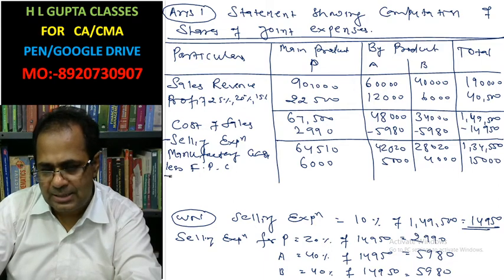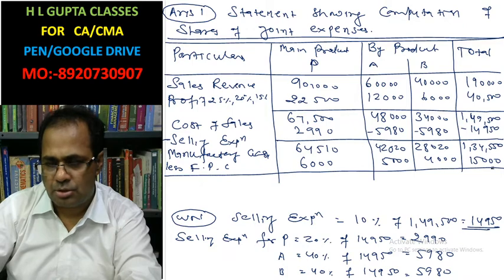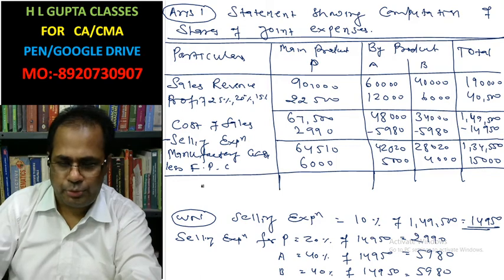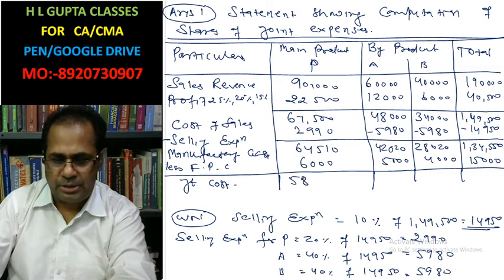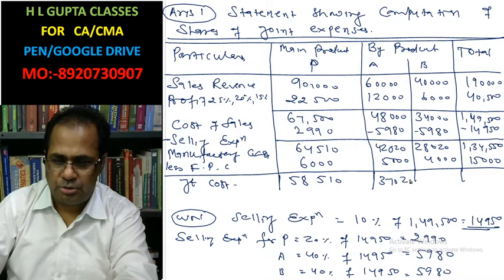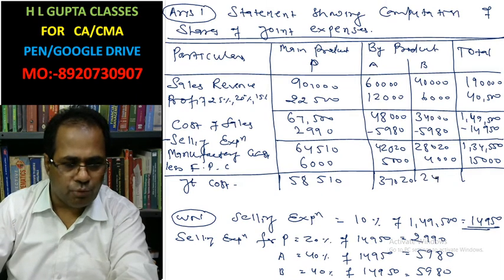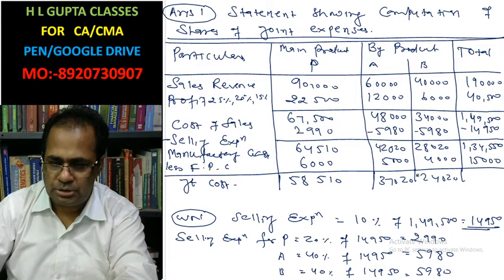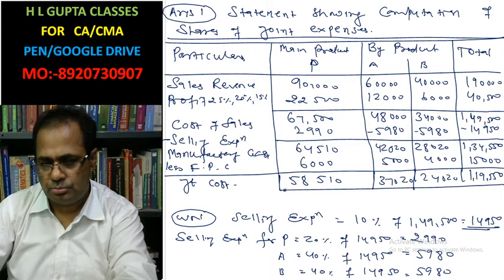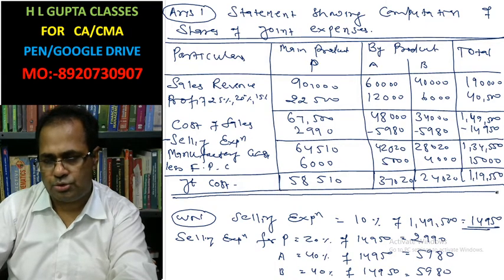The rest of the cost is said to be the joint cost. The joint cost is 58,510, 37,020, 24,020. The total joint cost is 1,19,550.